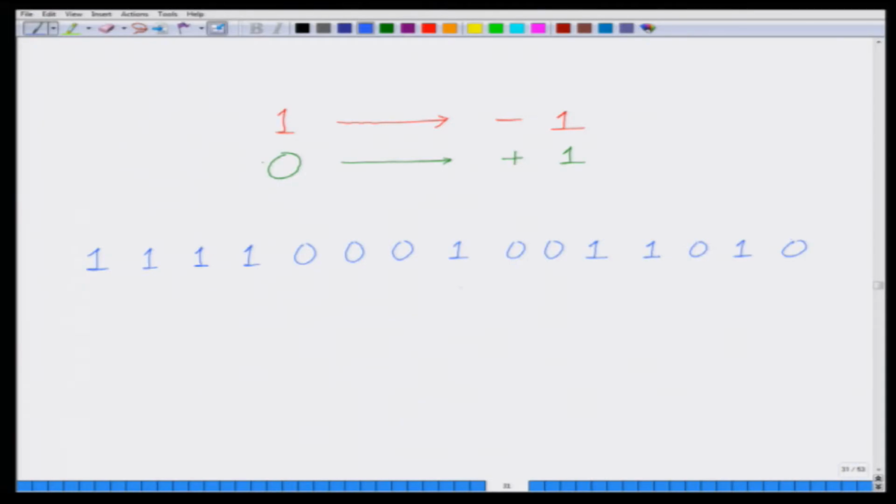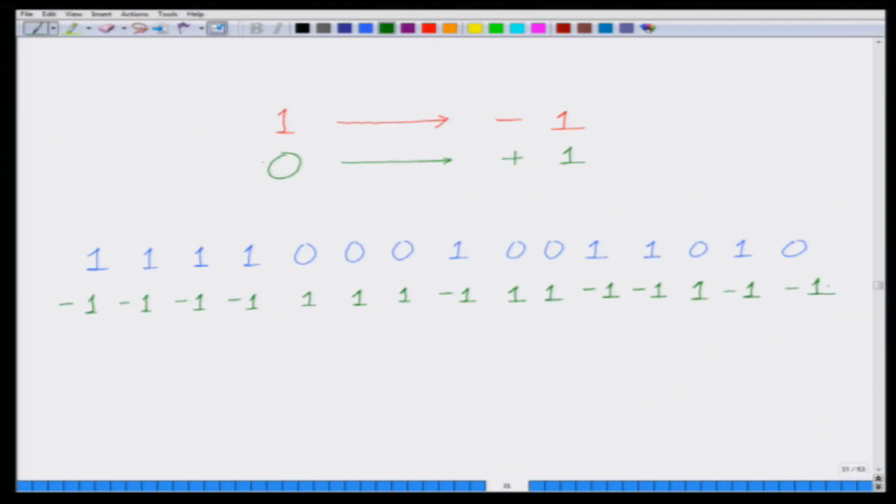Now, after modulation, remember 1 is mapped to a minus 1. So, this becomes minus 1, minus 1, minus 1, minus 1, 1, 1, 1, minus 1, 1, 1, minus 1, minus 1, 1, minus 1, minus 1.